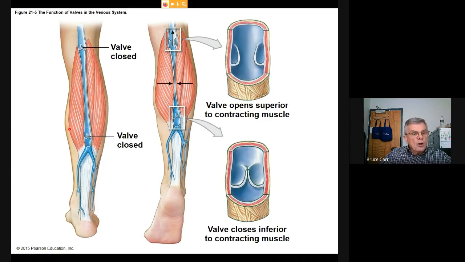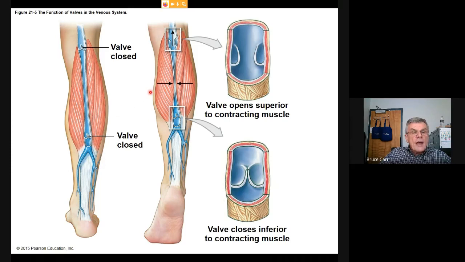But there is an additional effect that relates to the skeletal muscle. You'll notice that this major vein is placed between the two lobes or the two bodies of this gastrocnemius muscle. When our muscle is relaxed, it draws away from the vein and allows for open flow, so blood movement could occur.